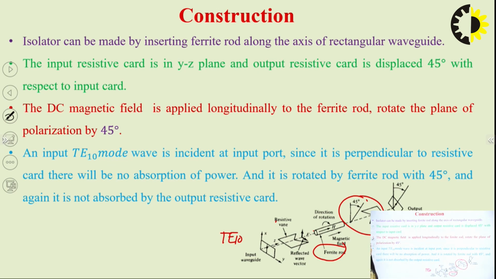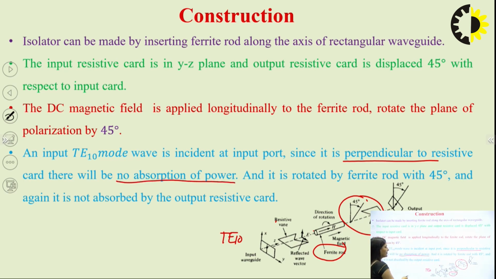Now, the input TE10 mode wave is incident at the input port. Since it is perpendicular to the resistive card, there will be no absorption of the power. Any microwave signal perpendicular to the resistive card will not be absorbed by the card, and if it is parallel to the resistive card, then the wave will be completely absorbed. So this wave is perpendicular to the resistive card, so there will be no absorption of the power.